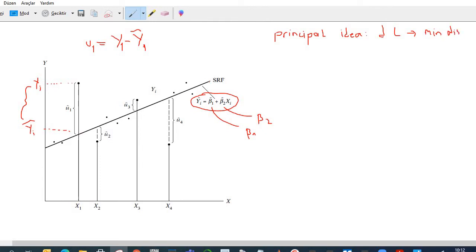So in this case, for example, for sample regression function 1, we draw the line and we obtain u1 distance plus u2 distance, u3 distance, and u4 distance.